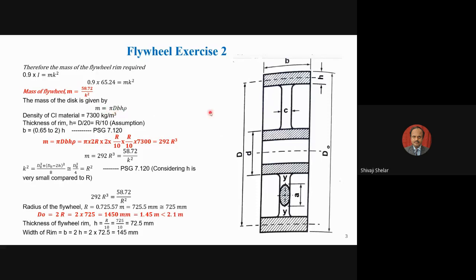Now this has a thickness h, and the cross-sectional area is b into h. If I open it out and develop that rim, the rim will be a rectangular plate. Normally the rims are manufactured like that. The plate is taken and rolled, and 2 or 3 plates are welded together to get a rimmed flywheel.